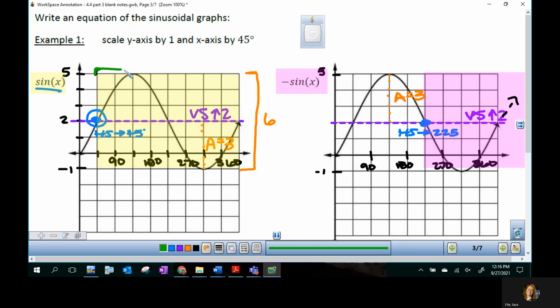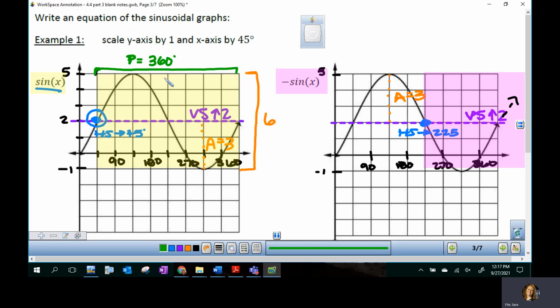Okay, left to right, from beginning to end of the cycle, how wide is it? So this started at 45 degrees, and this would be at 405. So 405 minus 45, that's a distance of 360 degrees. So the period is 360.